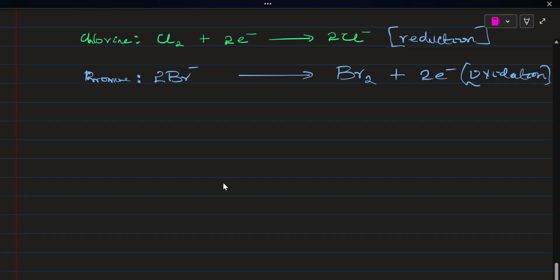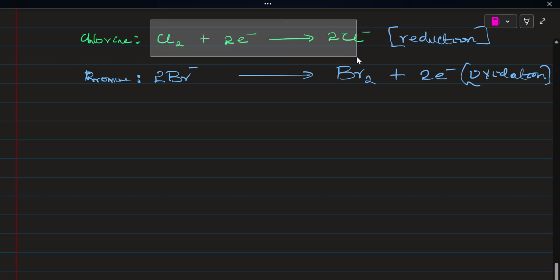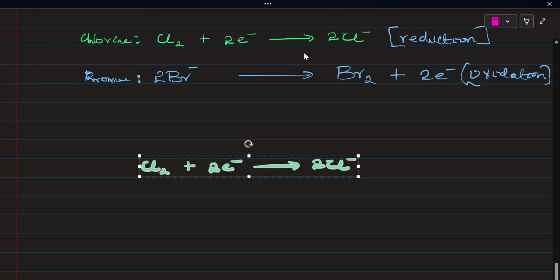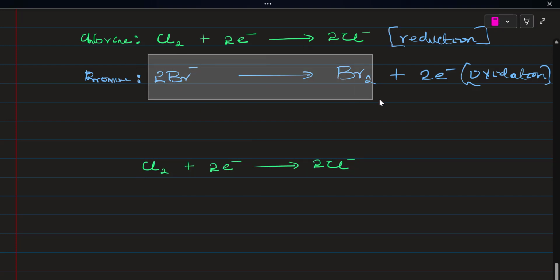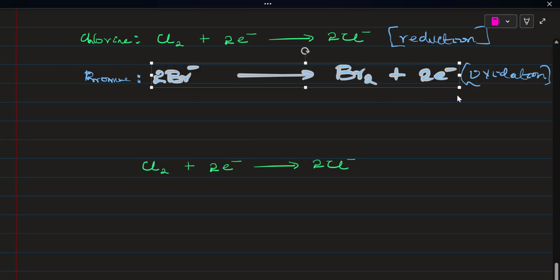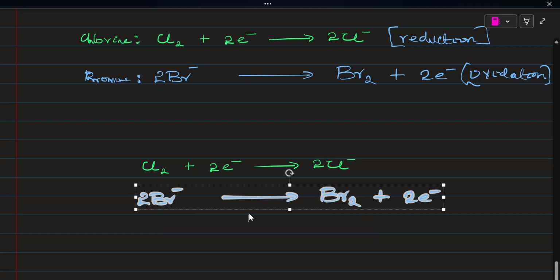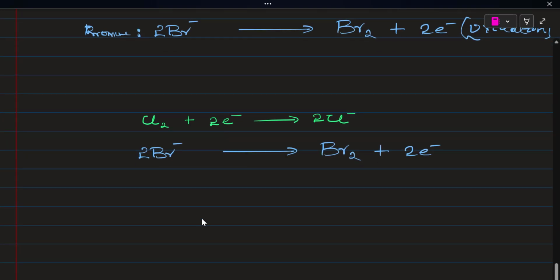I will just take the chlorine part of the equation, and then we put it down here. We take the bromide part of the equation and we put it down here. So we have both of them this way. Then we can combine the 2 equations. Let's draw the line to combine them.